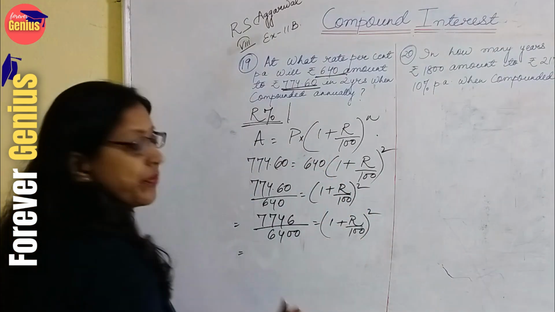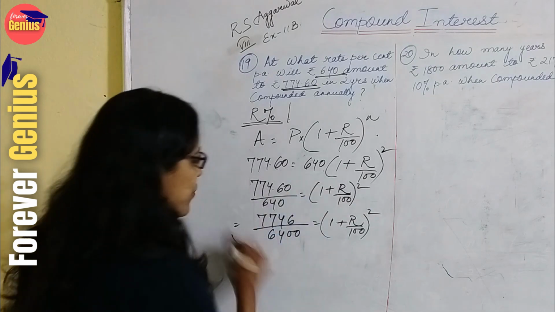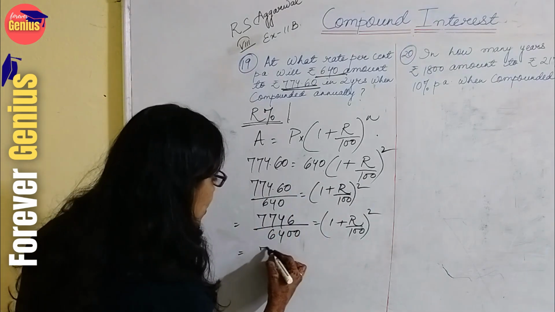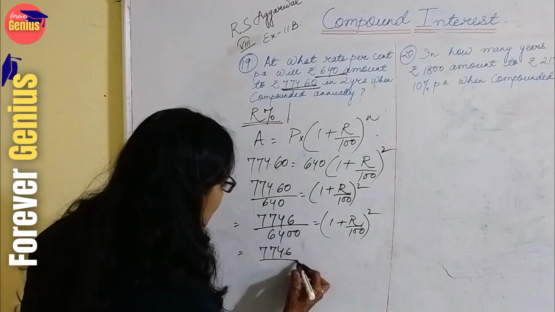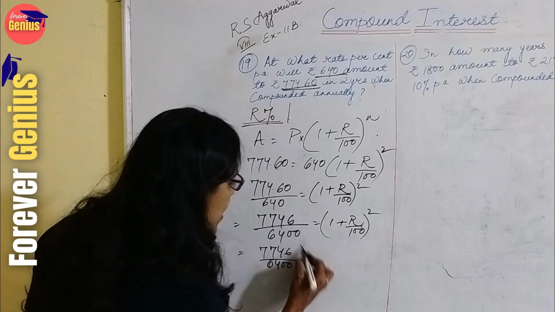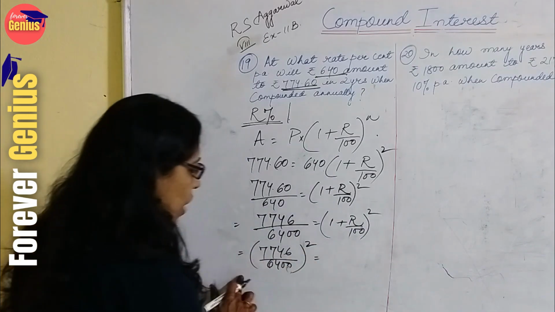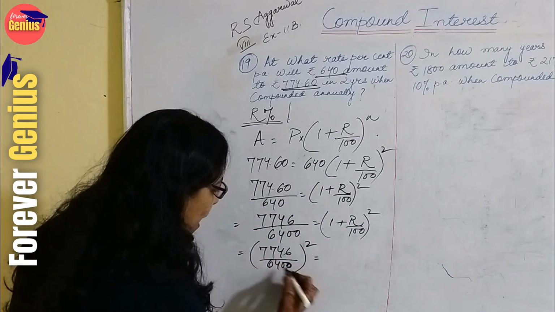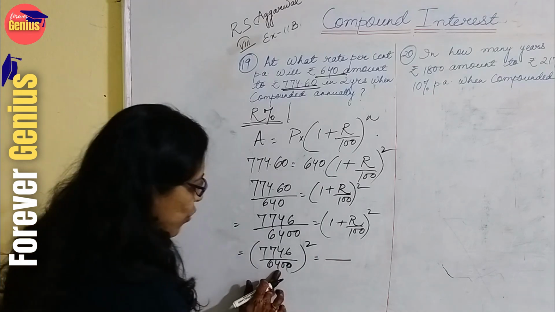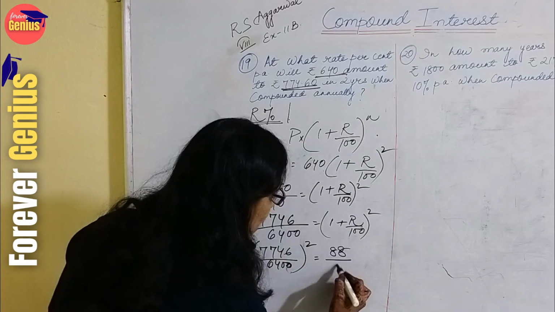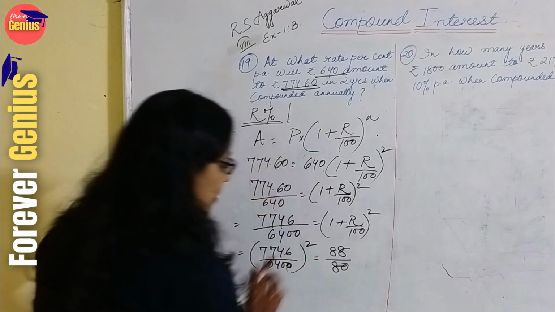If I remove this square and I want to bring it to this side, so now 7746 by 6400, if I am changing the side, this is equal to how much? It is the square of 88 by 80, since 8 eights are 64. The square of 88 and the square of 80.